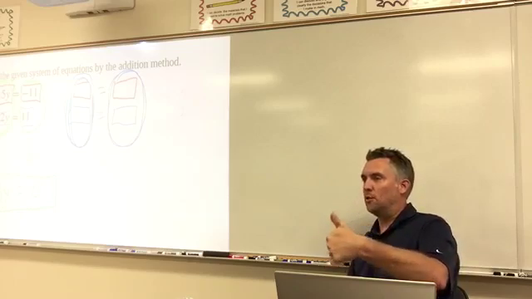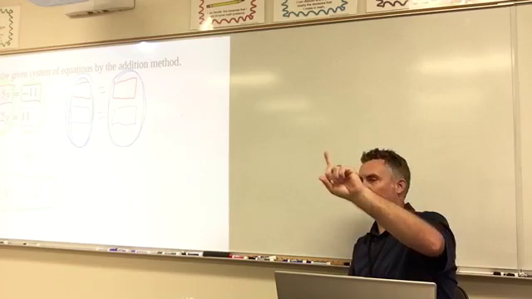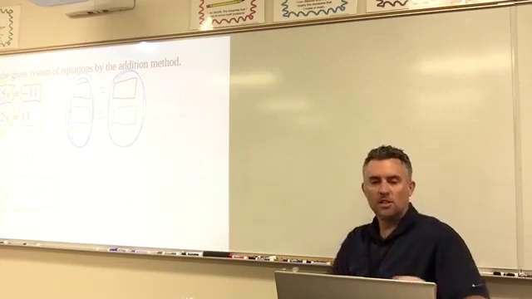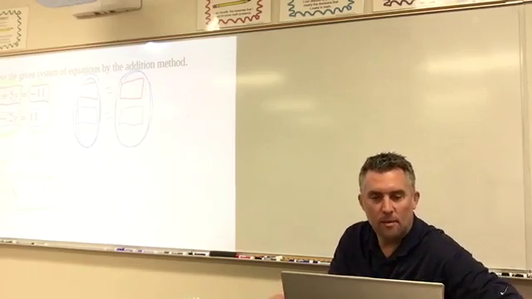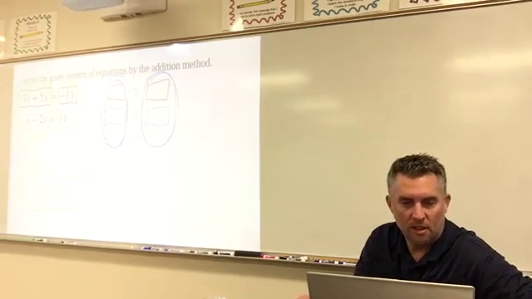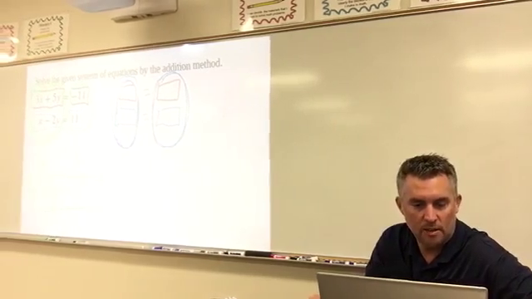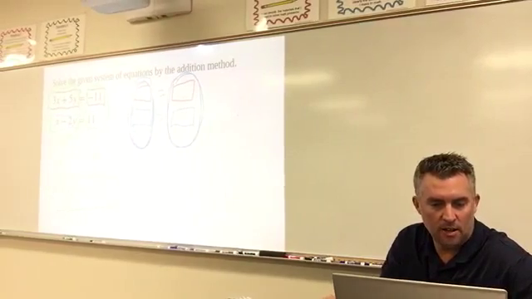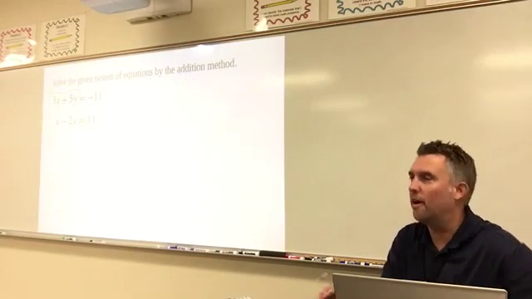Create an equation that only has 1 variable in it, right? So now that we've established this fact that we can add the left side plus the left side and the right side plus the right side, and we've established that it's not going to get us anywhere, right?